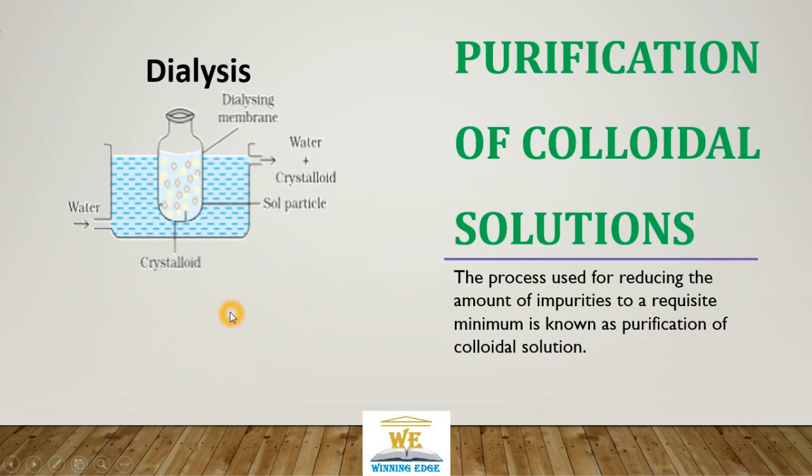What is dialysis? In dialysis, our colloidal solution is kept in one vessel or chamber having a dialyzing membrane, and outside there is a dispersion medium or any clear solution. That's our colloidal solution.